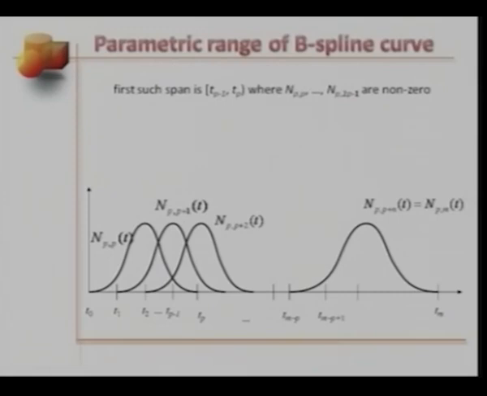The first such span would be [t(p-1), tp], which is this one here, where N(p,p), N(p,p+1) up till N(p,2p-1) are non-zero. These are p B-spline basis functions which are non-zero over this interval here. So, this would be the first span to include all p basis functions.